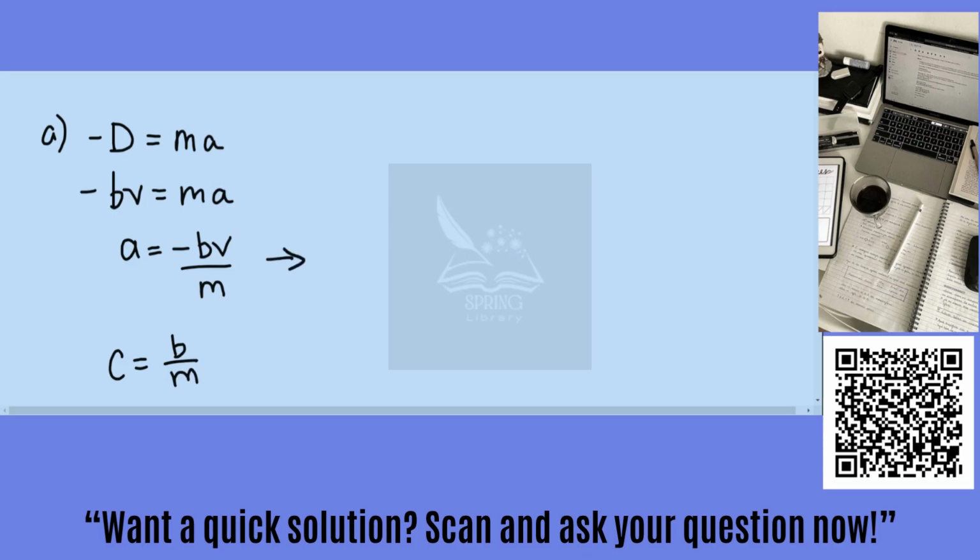And I'm going to take this equation and use the fact that acceleration is equal to the derivative of velocity and sub that in. So now I've got an equation that says the derivative of the velocity is equal to negative CV. And I can rearrange this to take all of the V's over to one side.